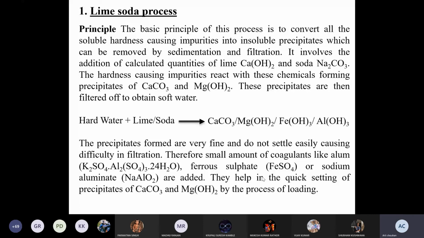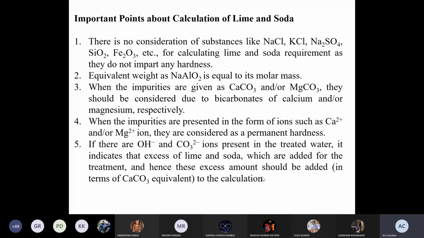Now, before coming to the calculation of the quantity of lime and soda used for the softening process, there are a few important points. First, there is no consideration of substances which are not causing any hardness, like sodium chloride, potassium chloride, sodium sulfate, silica, ferric oxides.